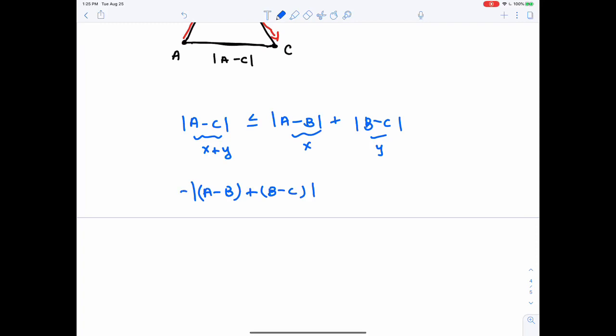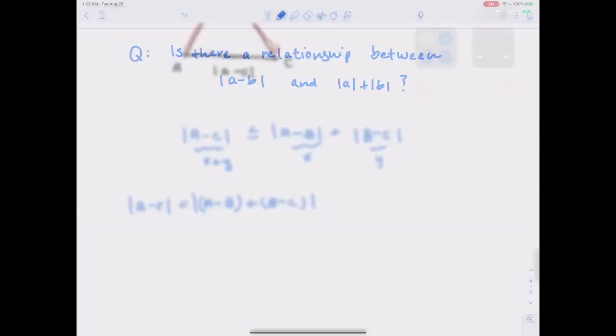Notice that if you collapse this, this is another way of writing A minus C. Again, if you don't see something present inside the absolute value expression, you can add and subtract something in the form of 0. So I add and subtract B to make it look like that. So that's why it's called the triangle inequality.